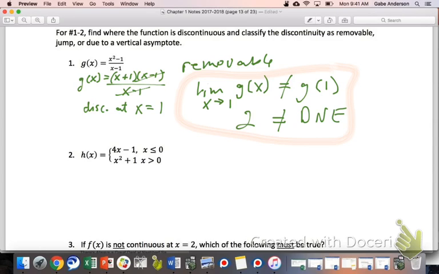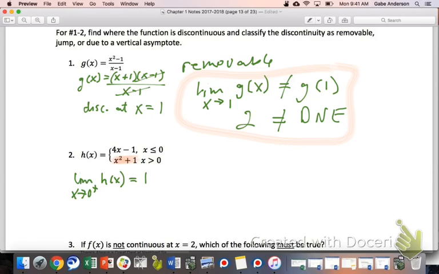I set up the limit as x approaches 0 from the positive side for h of x, and I don't think that equals 0. Oh, negative 1, sorry. You said from the right? Yeah. From the right, I would say that would be 1. There we go. Equals 1.